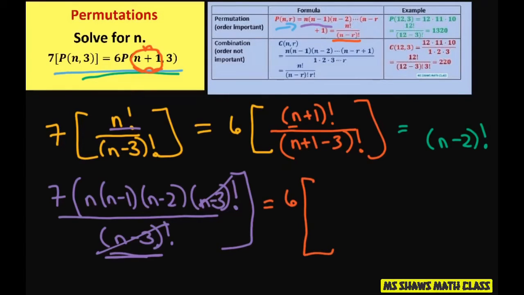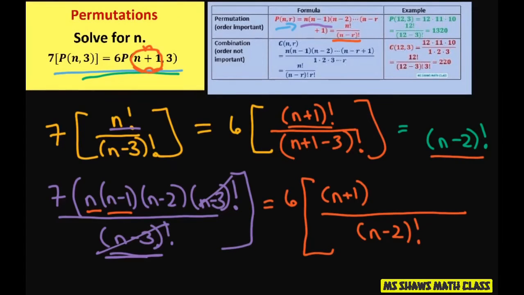Now we're starting with n plus 1, and we keep subtracting 1 like we did here. So that's going to be n plus 1. Remember, our denominator is n minus 2 factorial. So that's where we want to stop. So we have n plus 1. You subtract 1, you get n. And then subtract 1, you get n minus 1. And then you have n minus 2 factorial.